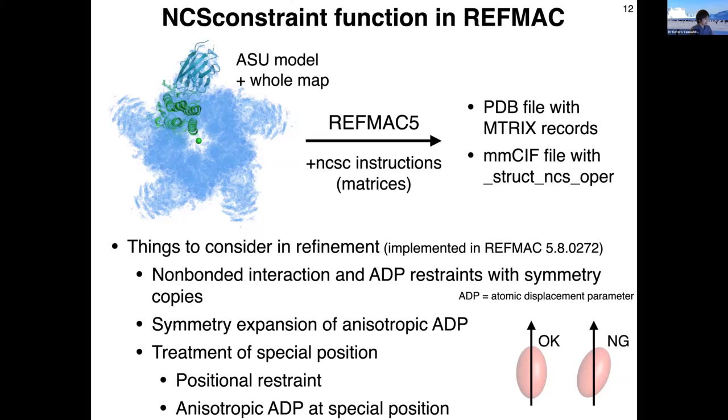And symmetry expansion of anisotropic ADP was also needed for apoferritin refinement. And the treatment of special positions was also needed for atoms sitting on the symmetry axis, to keep the coordinates on the special position, and the anisotropic ADP needs a constraint to be consistent with the symmetry of the axis.